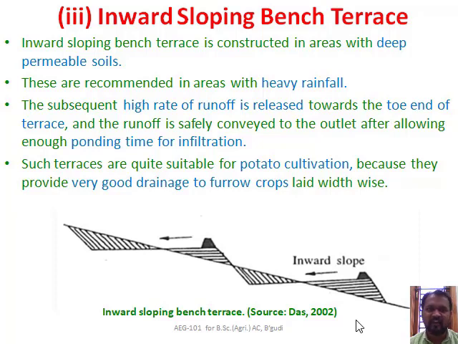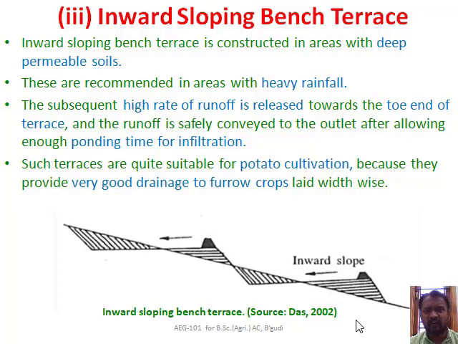Then we have the next type of bench terrace, the inward sloping bench terrace. This is exactly opposite to the outward sloping bench terrace. It is constructed in areas with deep permeable soils, and is recommended for areas with very high or heavy rainfall.